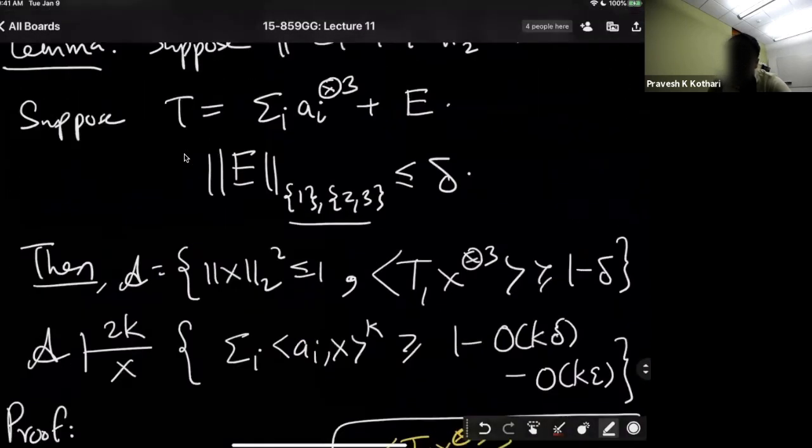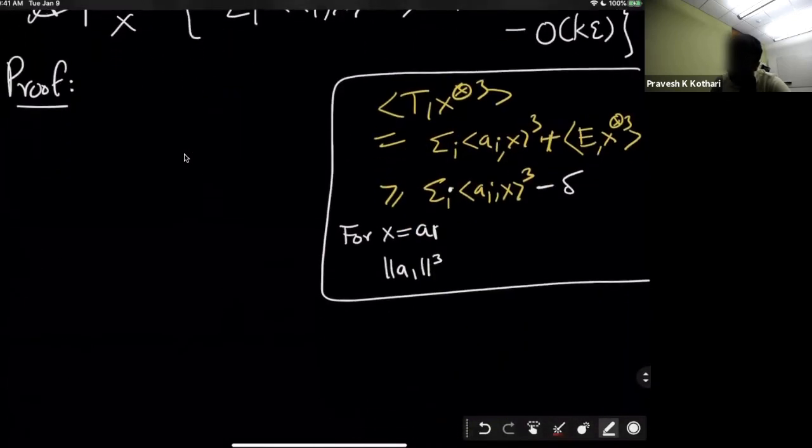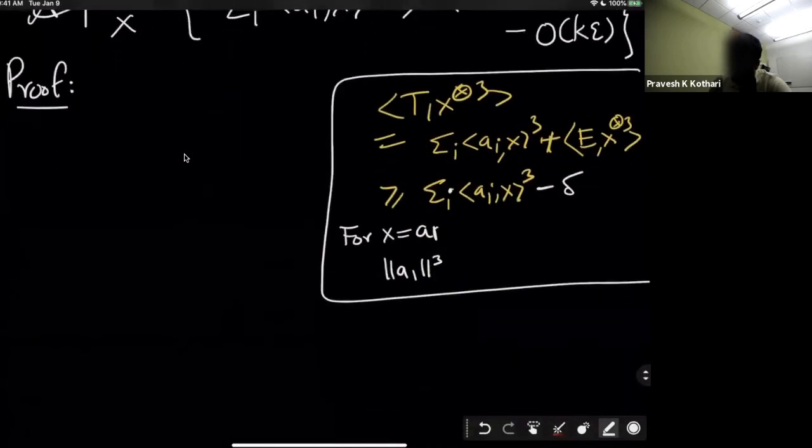Let's say maybe I make an extra assumption. So yeah, unit vectors, but not orthonormal. Then I have A1 cubed plus sum over I not equal to 1 of AI X cubed, minus delta. Good. And now what?